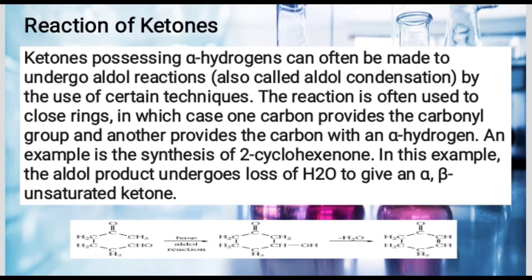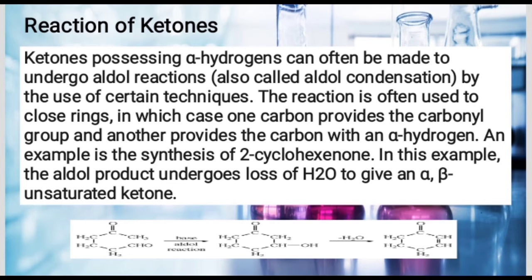Ketones possessing alpha hydrogens can often be made to undergo the aldol reaction, also called aldol condensation, by the use of certain techniques. The reaction is often used to close rings, in which case one carbon provides the carbonyl group and another provides the carbon with an alpha hydrogen.